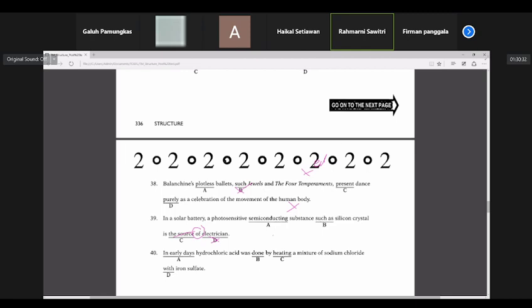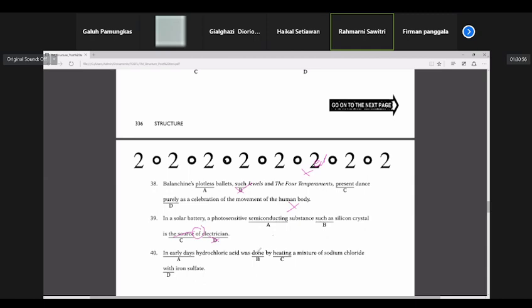And then finally for number 40, we have Gialgazi. Number 40 is B. It should be "was made." In early days, hydrochloric acid was made by heating a mixture.